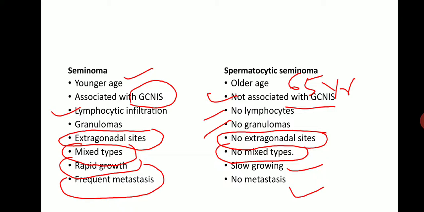Spermatocytic seminoma occurs in older age, and is not associated with germ cell neoplasia in situ. There is no lymphocyte or granulomatous inflammation within the tumor. Unlike seminoma, it never occurs in extragonadal site and does not occur as a component of mixed germ cell tumor. It's slow growing and has a better prognosis than seminomas and never shows metastasis.